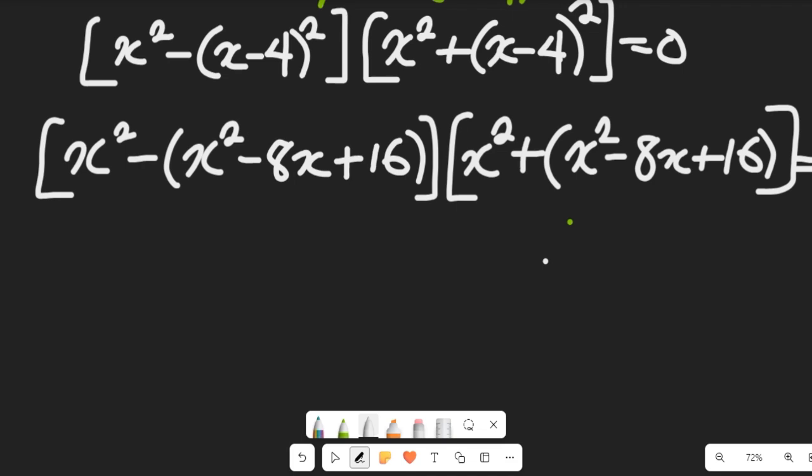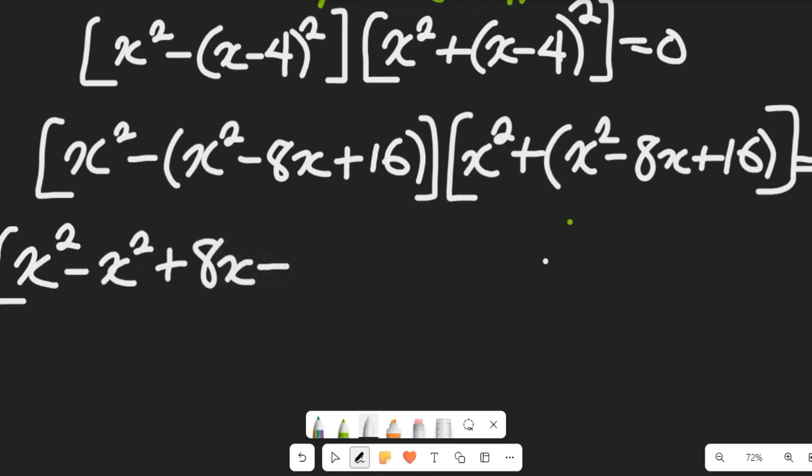Great. Now from that expression, we can expand further. We have x squared, and negative times everything in the bracket: negative times x squared gives us negative x squared, negative times negative gives us plus 8x, and this will give us minus 16.